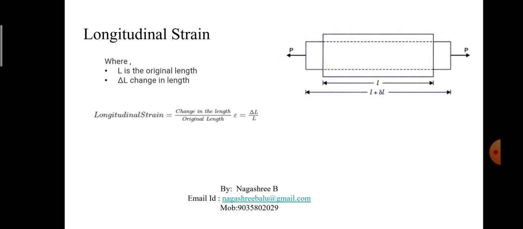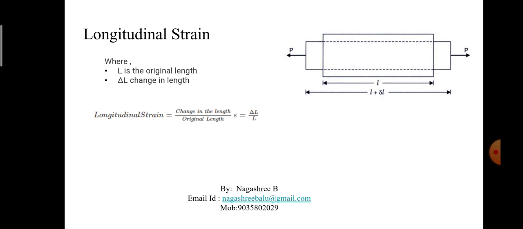I repeat it: when a body is subjected to either tensile or compressive load, there will be axial deformation along the length of the load applied. This ratio of the axial deformation to the original length of the body is known as longitudinal or linear strain. Always along the direction of the load applied, the strain which is observed is called longitudinal strain.